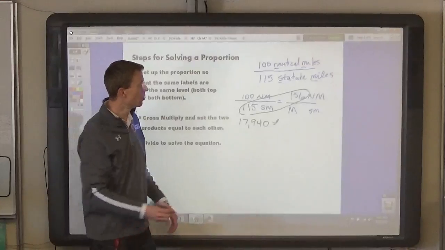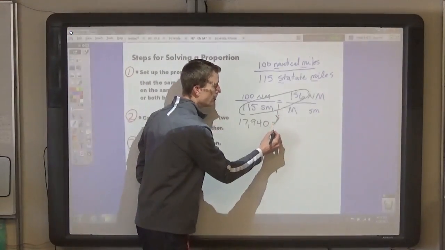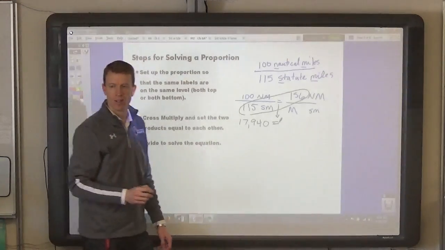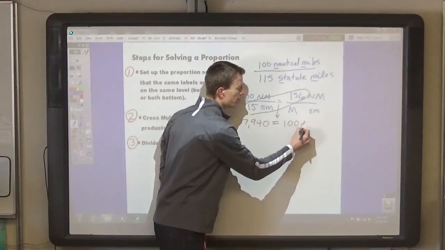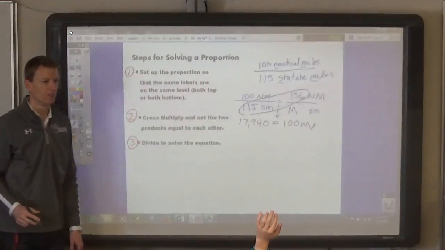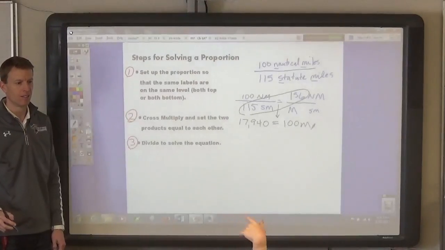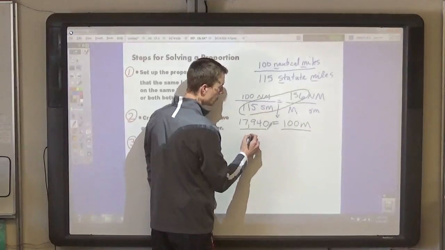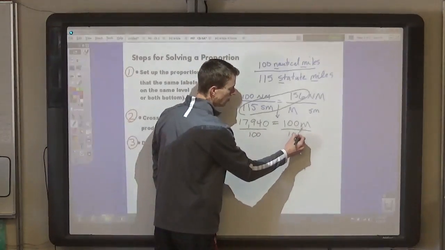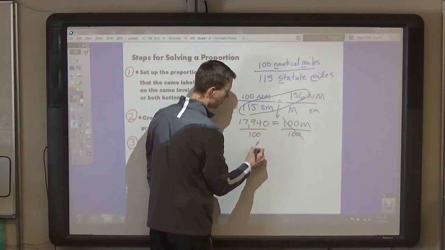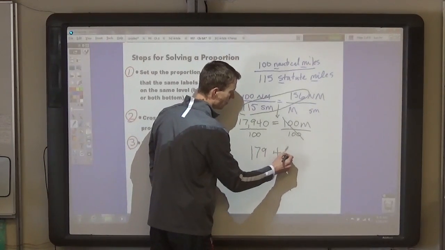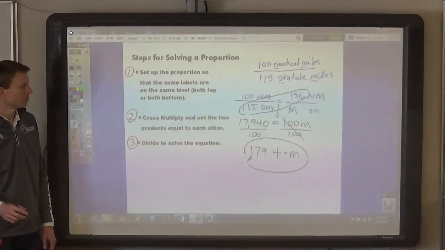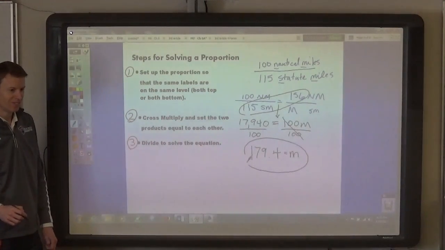What do we need to set it equal to? Because we keep the equal sign in the middle. M equals 100 M. Yep. Now, how do we solve it for M? Roy? You do 17,940 divided by 100, which equals 179.4. Good. Okay, is there another step to this? No. This is all it is.